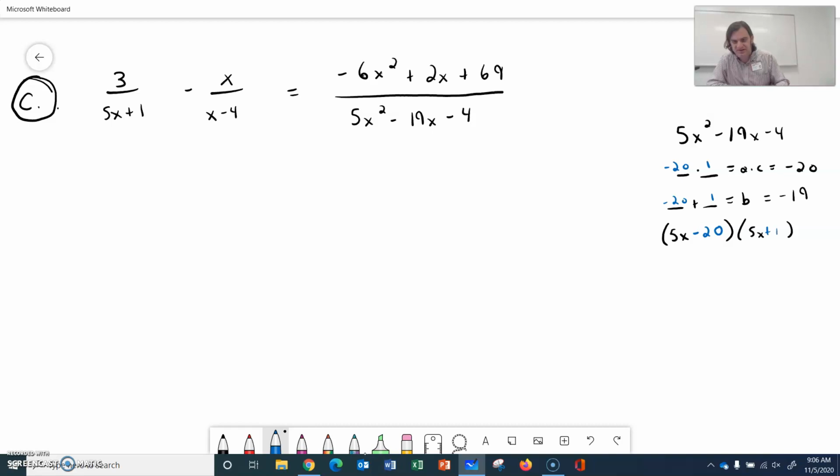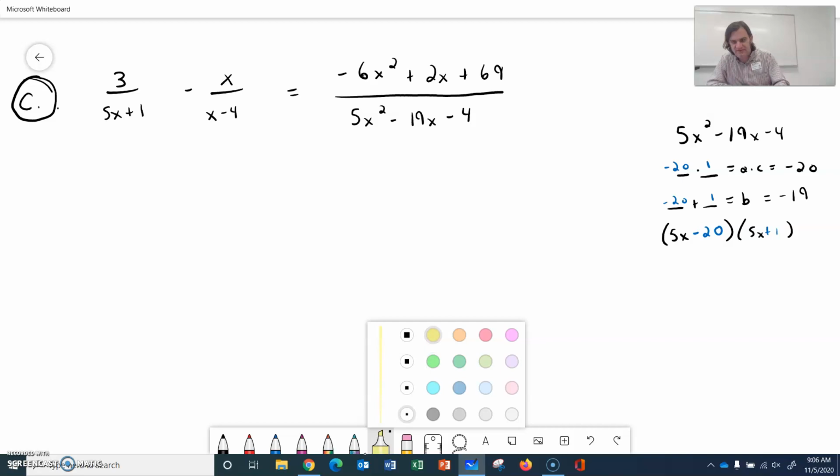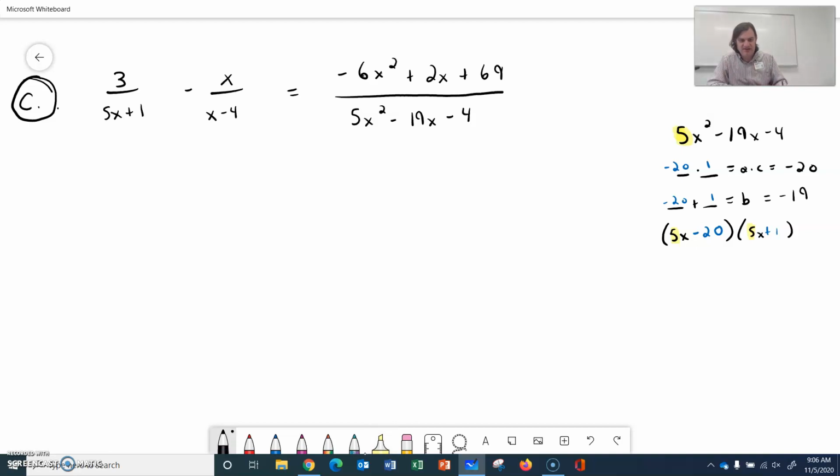And just a reminder that the 5 that I put in both those places came from this 5. But I can pull a 5 out of the first one, so the 5 I throw away will leave me with x minus 4. Nothing comes out of the second one, 5x plus 1.